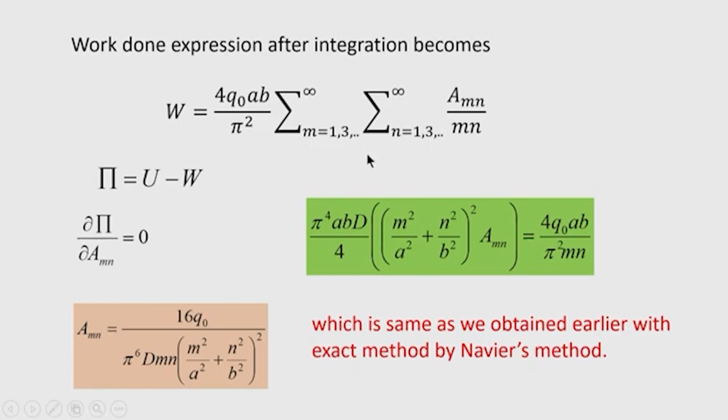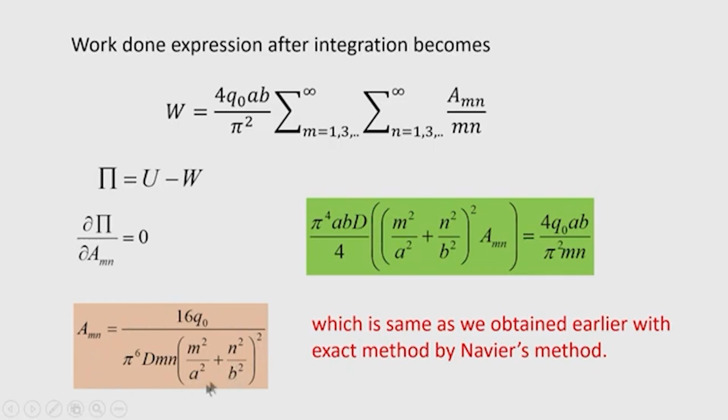So, when we compare the coefficients of like terms, this is the result, from where a m n is obtained as 16 q naught divided by pi to the power 6 D m n, (m square by a square plus n square by b square) whole square.